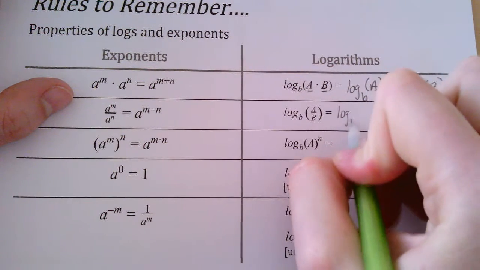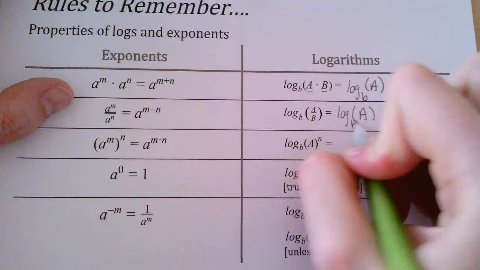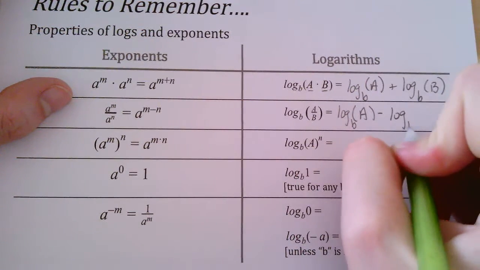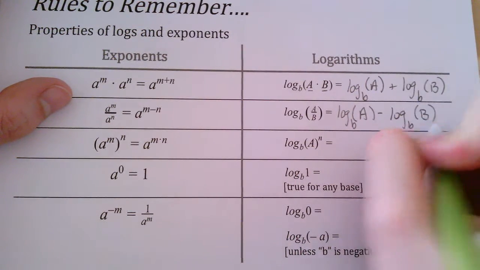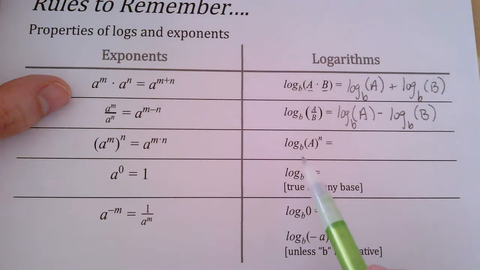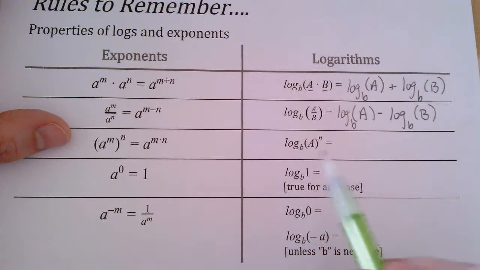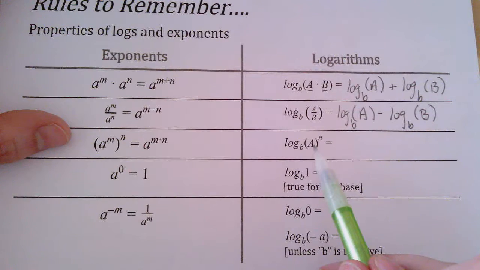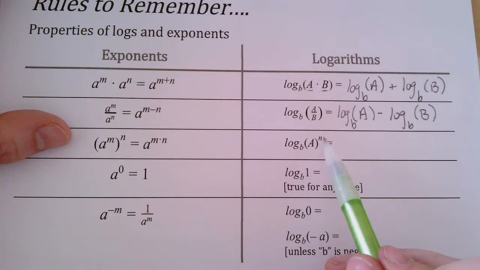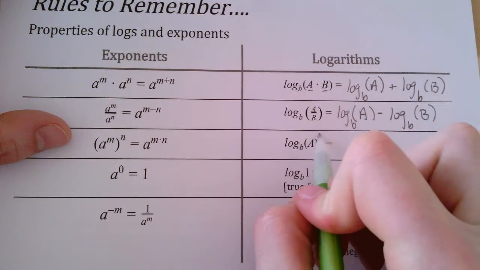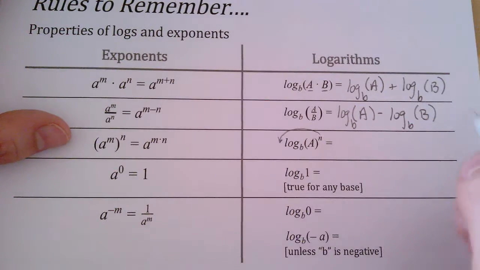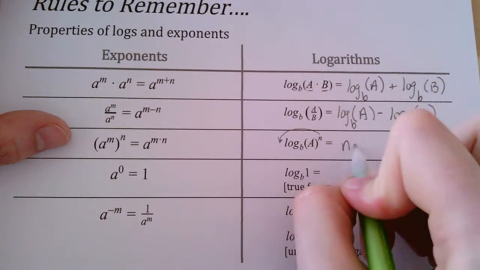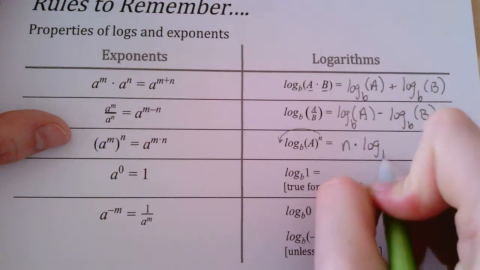So it's log base b of a minus log base b of b. Okay. And then this here is if you have a number that you're taking the log of, and it is being raised to an exponent, there's this property where the exponent is brought down in front and is multiplied to the log.